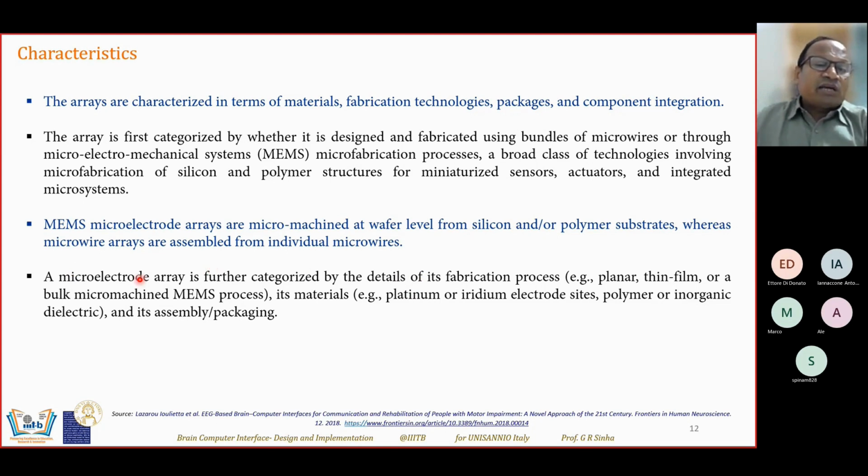So for the microelectrode array, what we are discussing is the characteristics. Characteristics are very important while choosing a design or while designing the BCI.